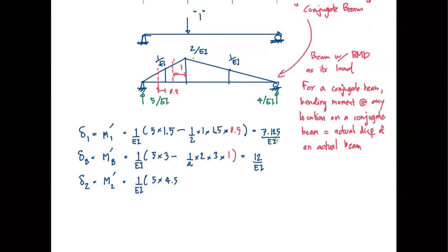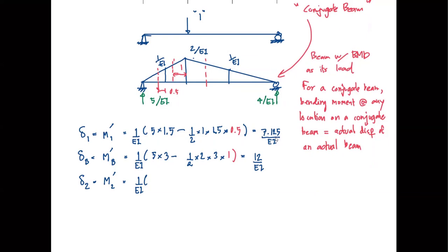It's easier to do it from the right. So let me stop that. For location 2, I'm going to take the moment by looking at this free body diagram instead. So it's going to be the reaction from the right instead of from the left.